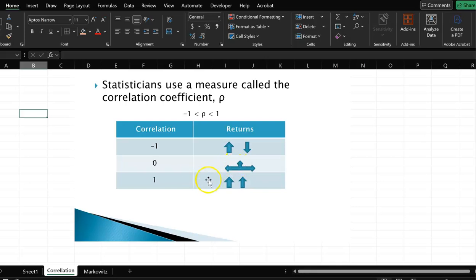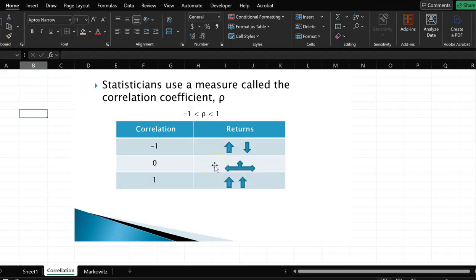Okay, and it's rare, if not impossible, to find assets that are exactly -1 or 1. But typically they're somewhere in here. The closer they are to 1, the more they move together, and the closer they are to -1, the more they move apart. So if you've got assets that have a correlation coefficient of, say, -0.9, then that means that most of the time they move in opposite directions.